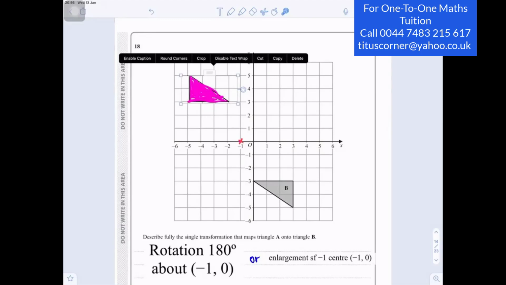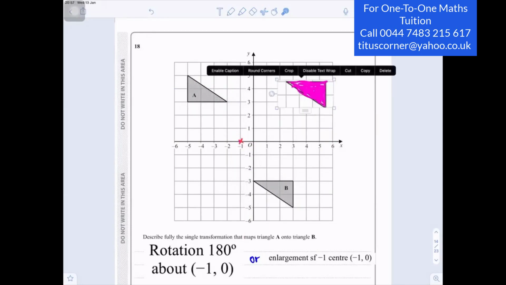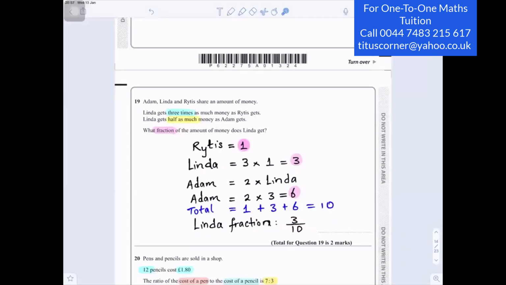Notice that the sides have turned, so we have to rotate it 1, that's 90, and rotate it 2, that's 180. And now it would fit on this. And then we would determine the center if we had tracing paper, which you use in your exams. Question number 19.